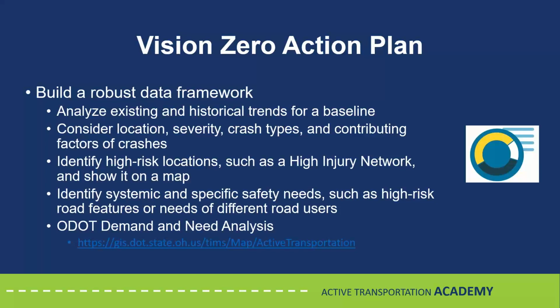And then the other part of the data is looking at the demographic information about who's being killed. We have a long history as a profession of being leveraged to support systemic inequity. And we have a huge opportunity now to not allow ourselves to be leveraged in that way anymore.